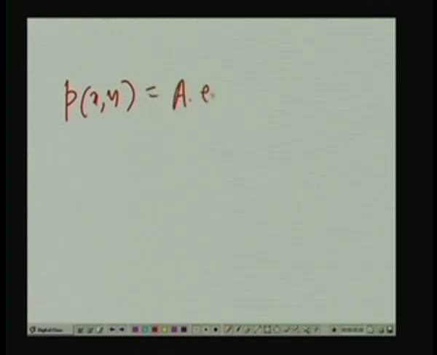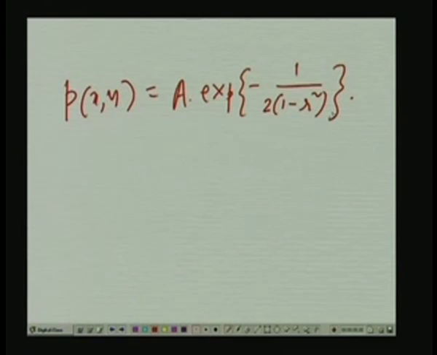Some A times exponential, okay, just a minute.